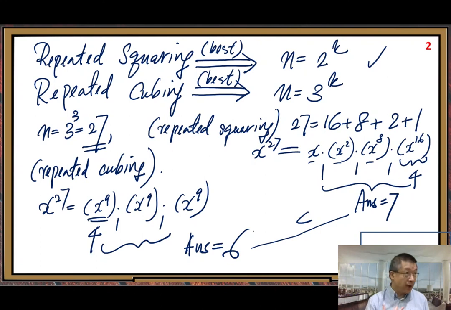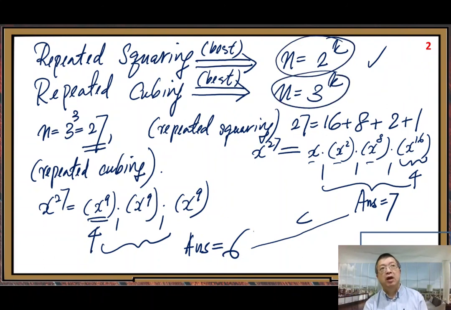For the different answer case, sometimes repeated squaring performs better, sometimes repeated cubing performs better, depending on the structure of your numbers. If the structure takes advantage of more powers of 2, then repeated squaring performs better. If the structure takes advantage of more powers of 3, then repeated cubing performs better.